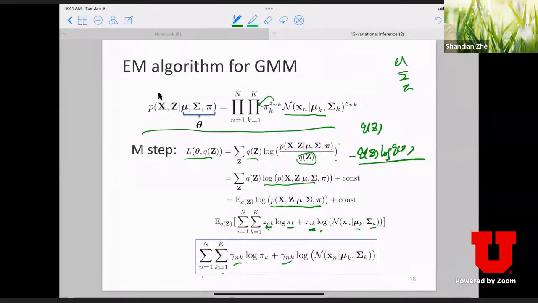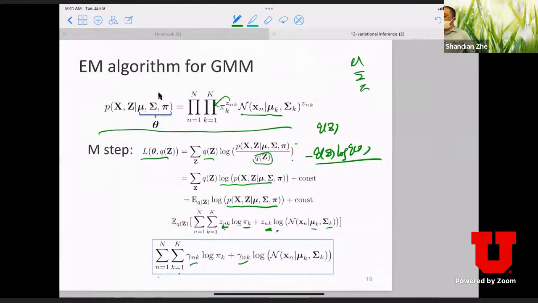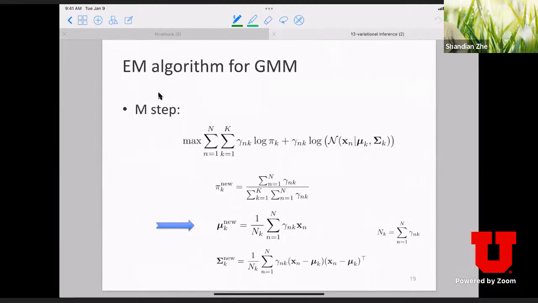Okay. So the remaining thing is just to maximize this. And maximizing that is pretty straightforward. You just take the gradient with respect to pi k, mu k, and sigma k, and everyone has done that before. I also need to put in the constraint that the summation of pi k must be 1. So it's relatively easy to get to the result.